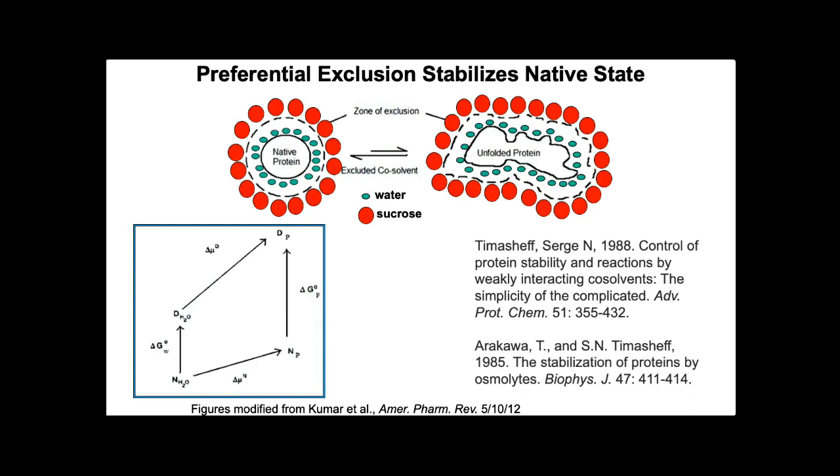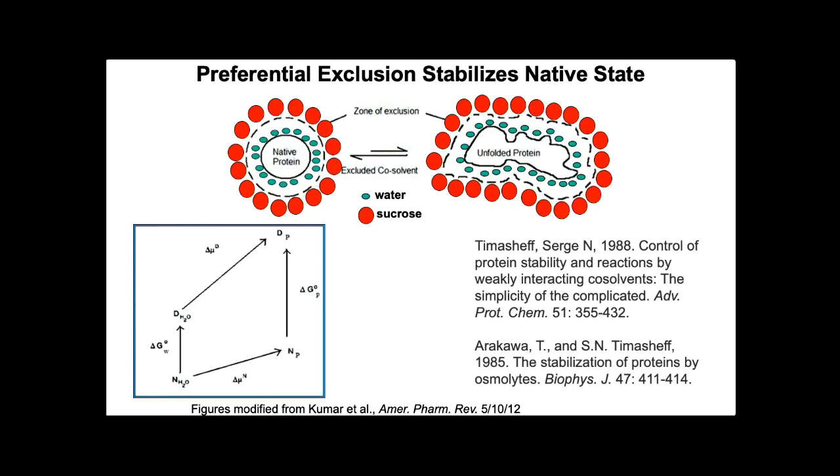But the degree of exclusion depends on the surface area of the protein exposed to the solvent. So with the unfolded protein, we have a much larger level of preferential exclusion, which means a much larger increase in chemical potential. So with the native state, excluded solute leads to a little increase in chemical potential, whereas with the denatured state, we get a much larger increase.